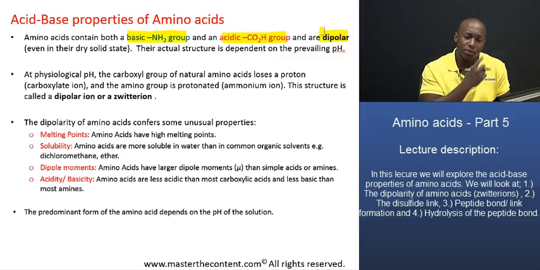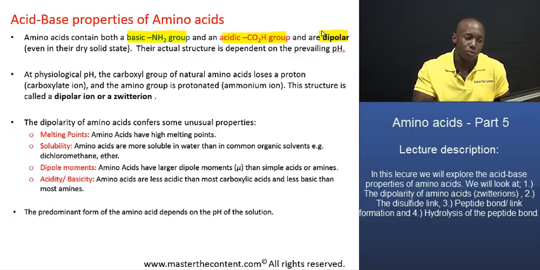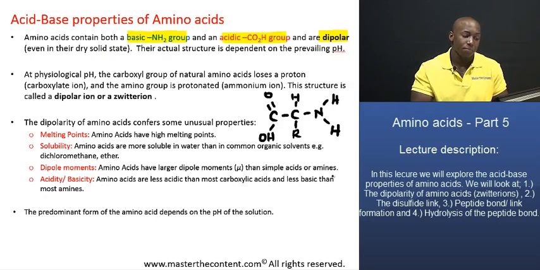Now, although we commonly write amino acids as having an intact carboxyl group and an intact amino group, something like this, this is actually not the structure in which we will find most amino acids.